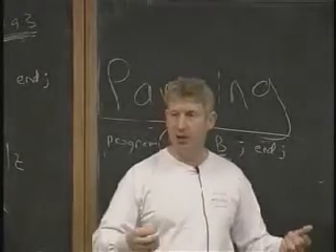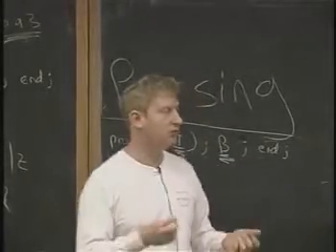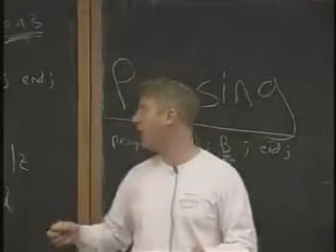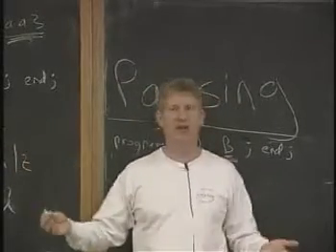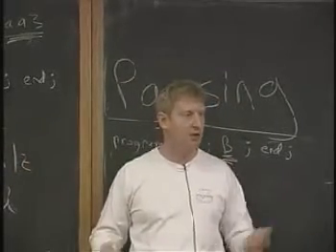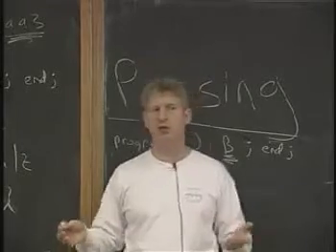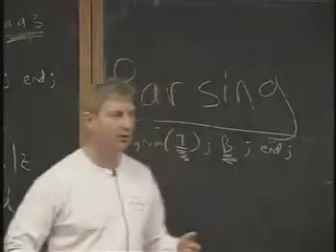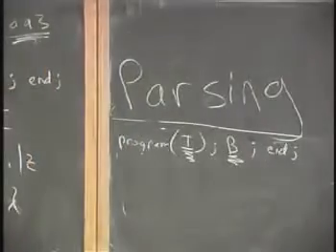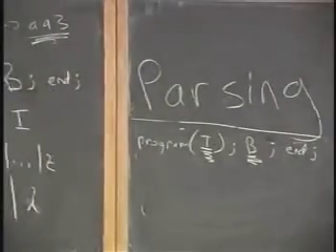If the answer is yes, then you've parsed it correctly. If the answer is no, then there's a syntax error, and your compiler should find out which production it messed up on and give some kind of a guess as to what the error was. And as you all know, sometimes syntax errors aren't so clear, especially when they start propagating way down if you make a mistake early. There's only so much a compiler can do to guess the mistake you made.